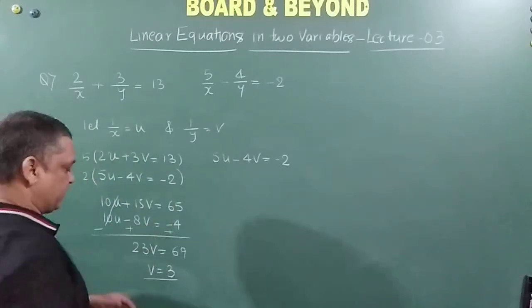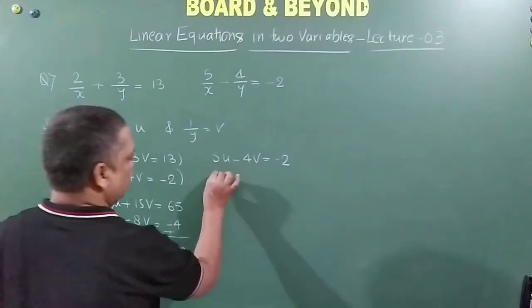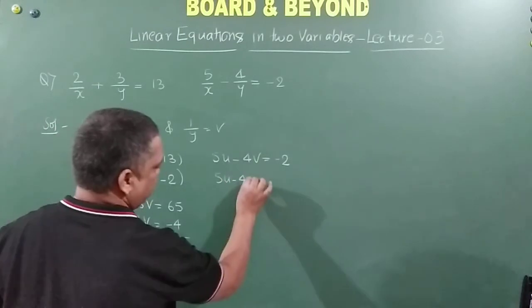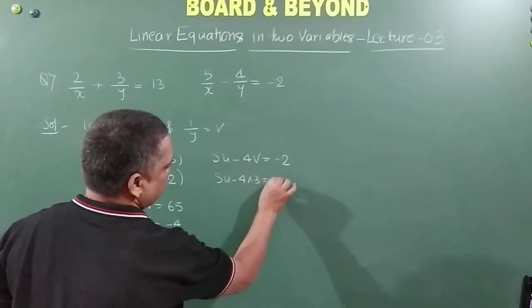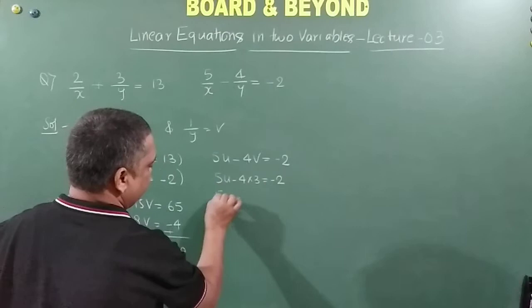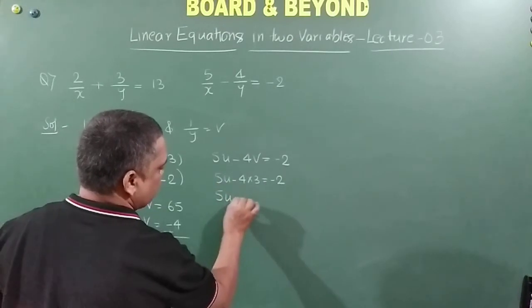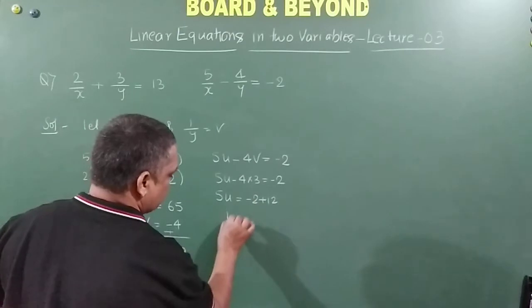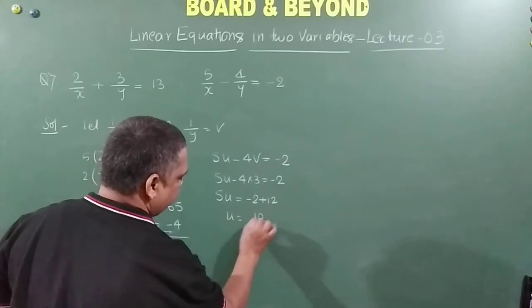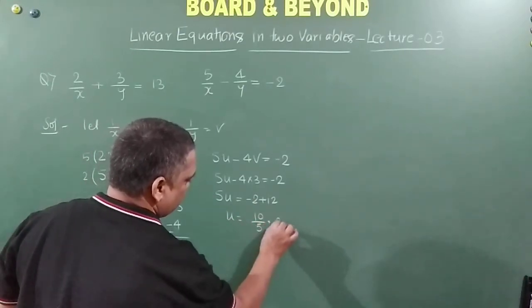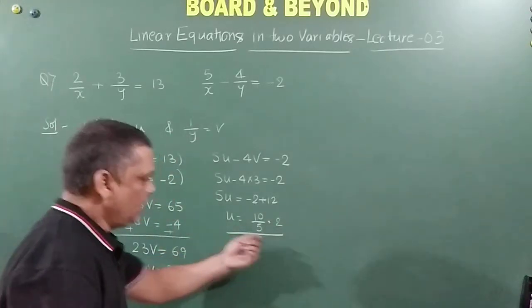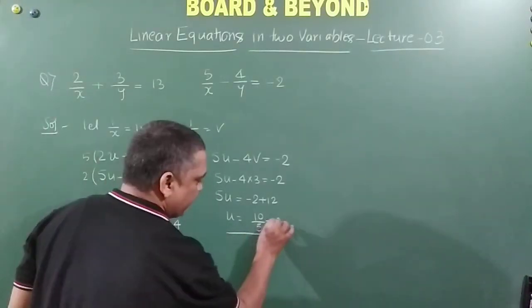So 5u minus 4 into 3 is equal to minus 2. So 5u is equal to minus 2 plus 12. So u is equal to 10 by 5, that is equal to 2. Right? So u is equal to 2 and v is equal to 3.